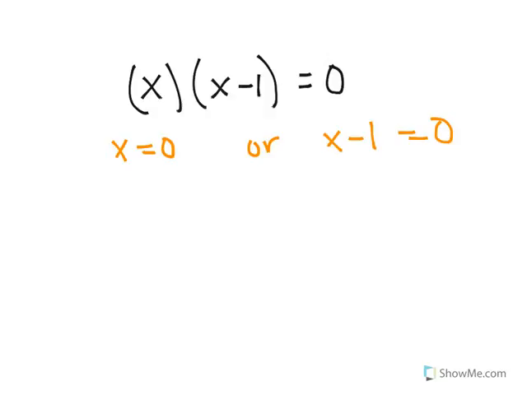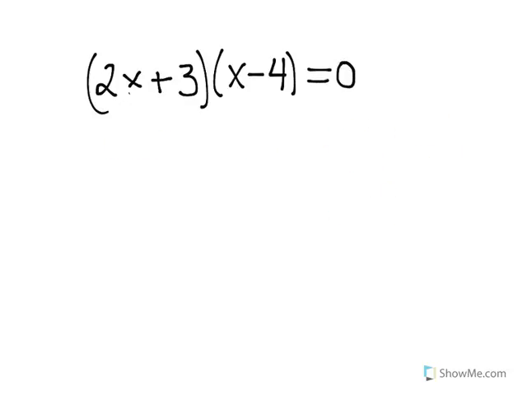And then we have a one step again, so we'll add 1 to both sides, and we get x is equal to 1. So our solution is either x equals 0 or x equals 1. We could go back and check our original equation with each of those solutions, and we find that both of them satisfy.